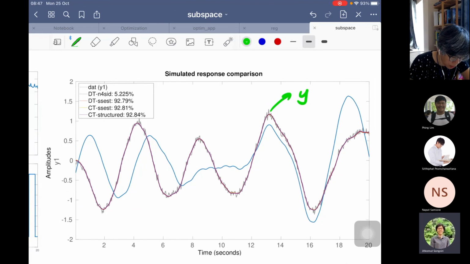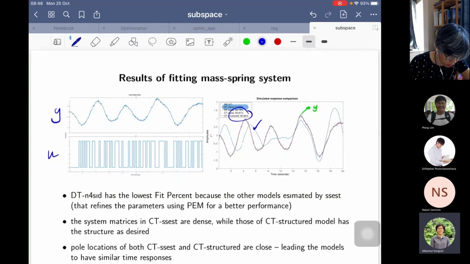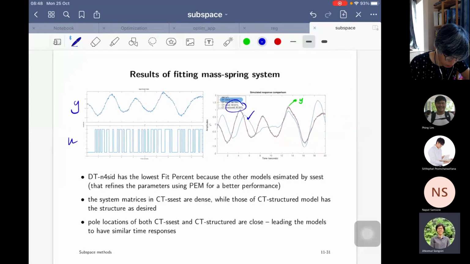You will see that the one from N4SID, the blue one, has a very low fit percent. It doesn't track the gray one at all. It performs poorly in this experiment. For the remaining 3 models, the fitting is very high.